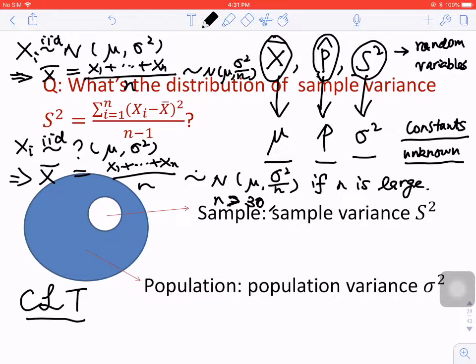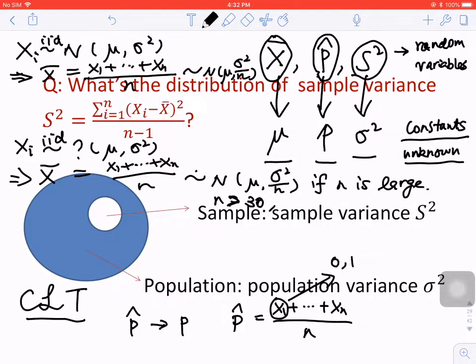Okay, and also we discussed the p hat, the sample proportion. We use this one to estimate the population proportion, and because we know that the sample proportion can be written in this way, each xi is equal to 0 or 1.